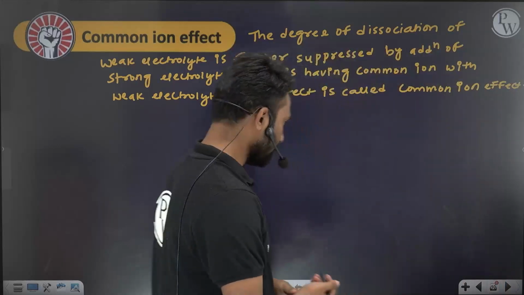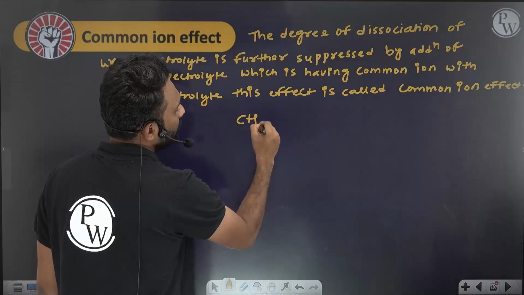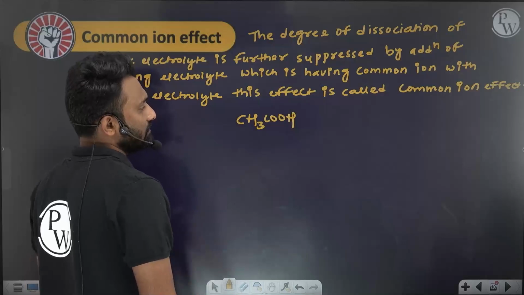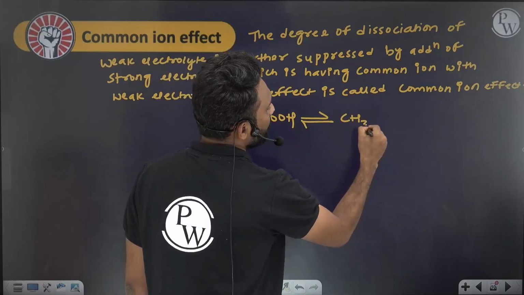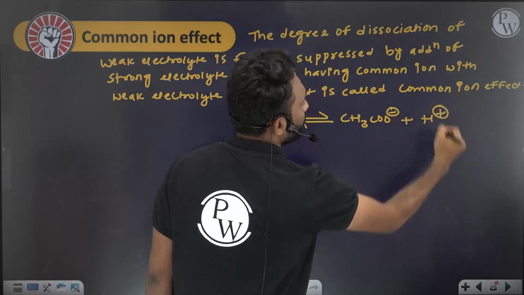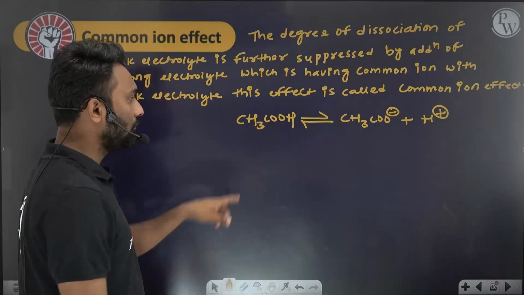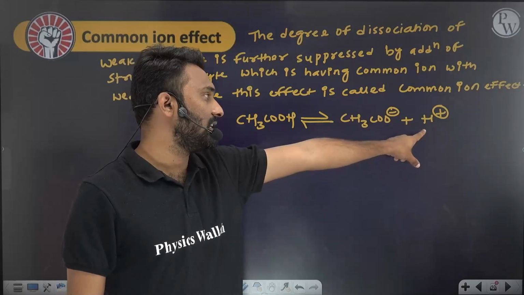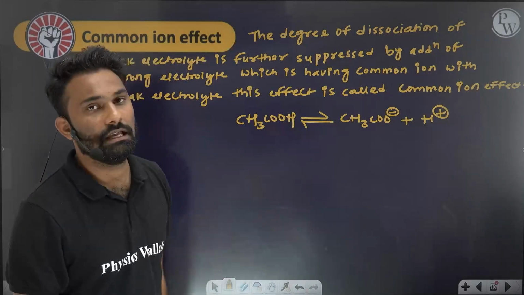Look here, first I am taking a weak electrolyte. Which is the weak electrolyte? Acetic acid is the weak electrolyte. After it dissociates, we get acetate ion plus H plus. Now here for this one, we have acetic acid as well as the acetate ion and the H plus. Now this is a weak electrolyte.